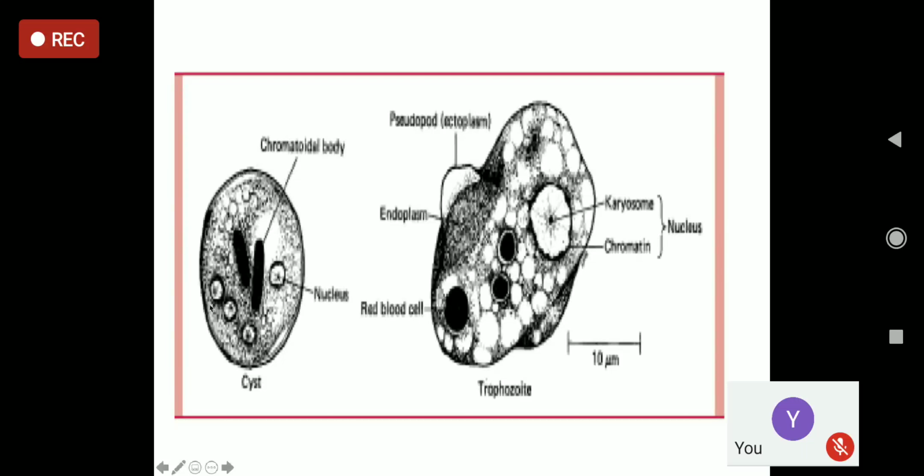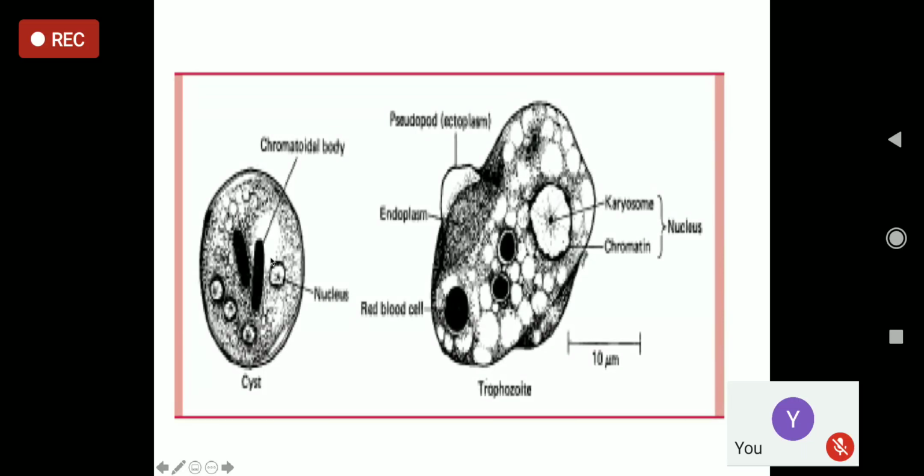They become round, and the whole structure gets covered by a relatively resistant, thick, and highly refractile smooth cyst wall containing a single nucleus when newly formed, then two nuclei, and then four nuclei, quadrinucleated, when it undergoes maturation.